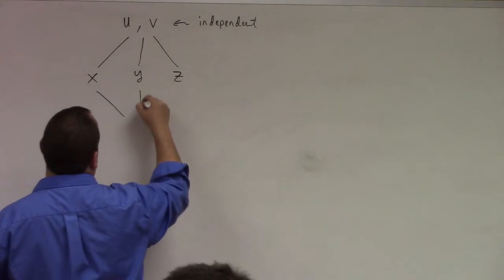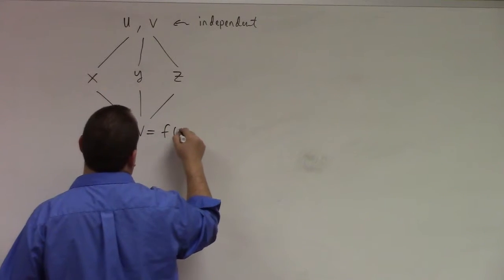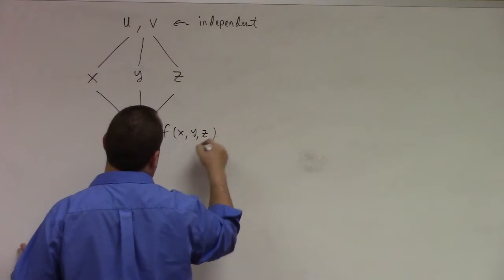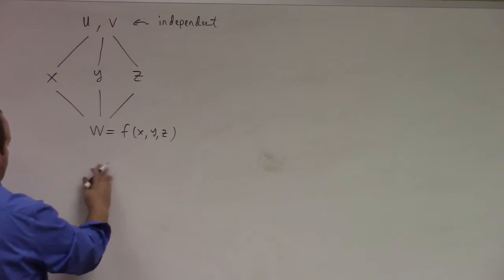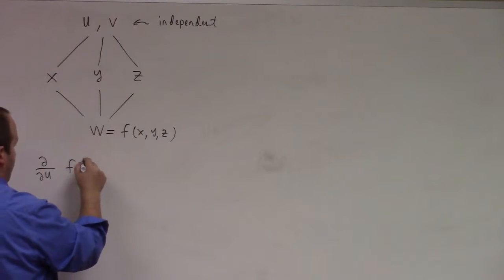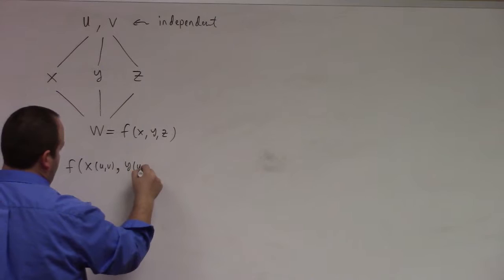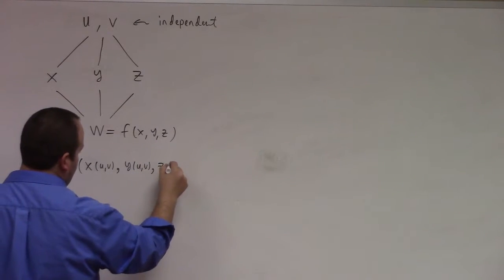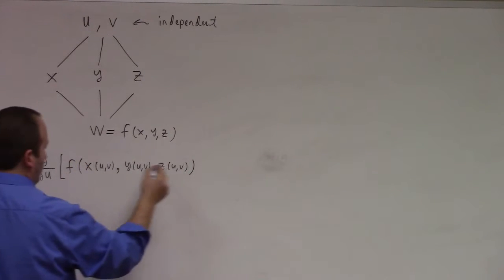And then those come down to give me w, which is some function of, say, x, y, z. So you guys tell me, if I was to calculate partial u of f of x of u, v, comma y of u, v, comma z of u, v, what would the rule be?